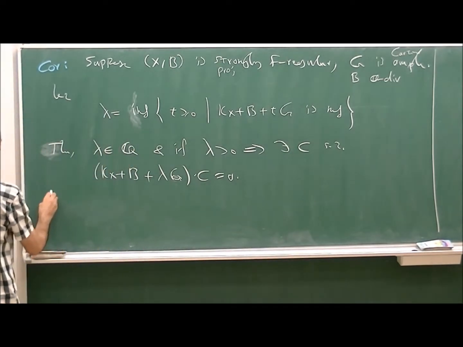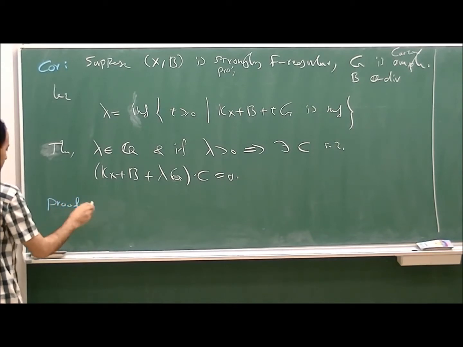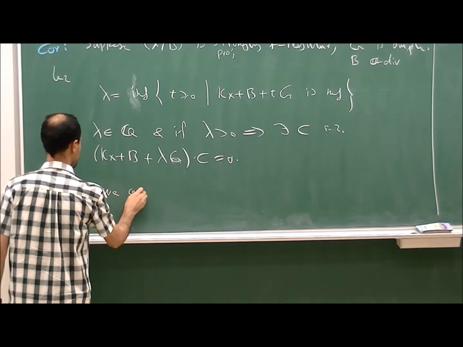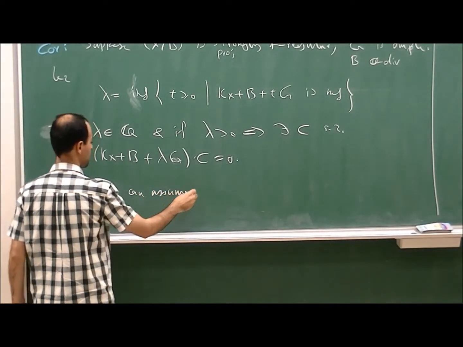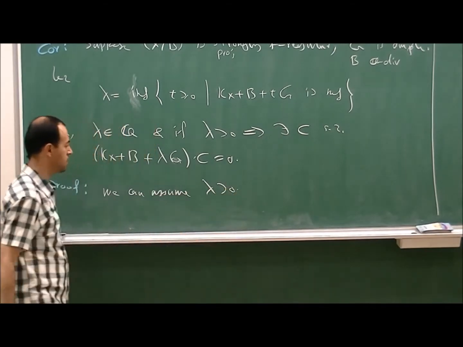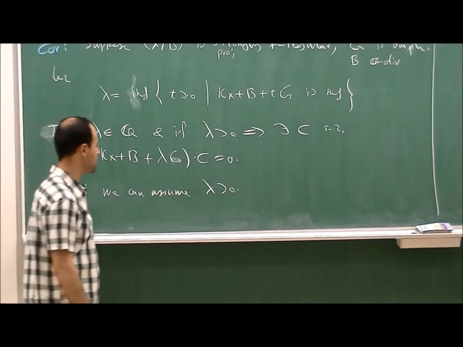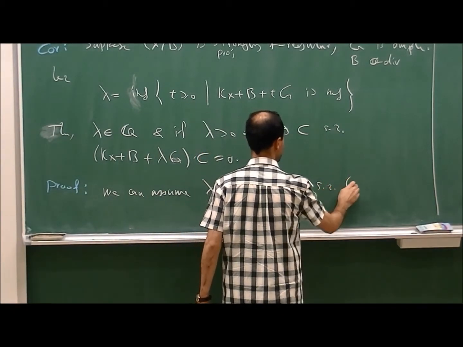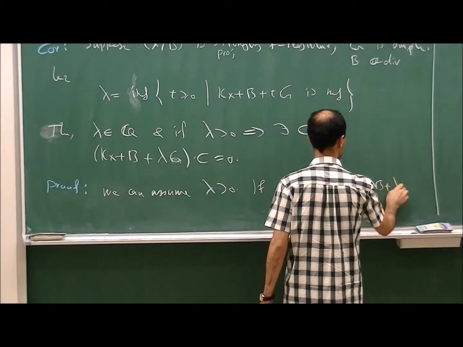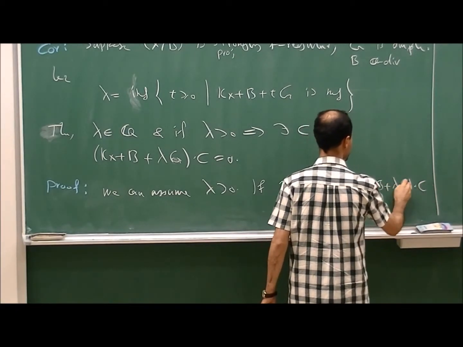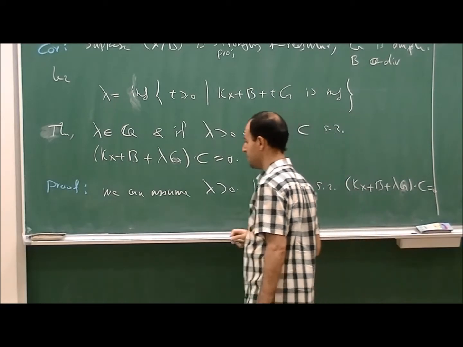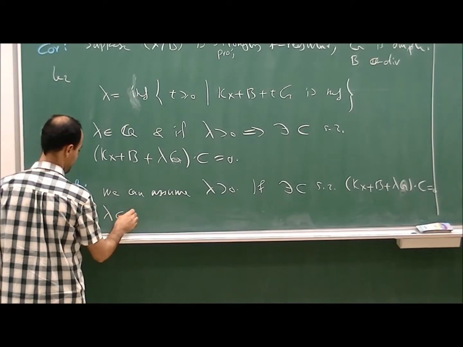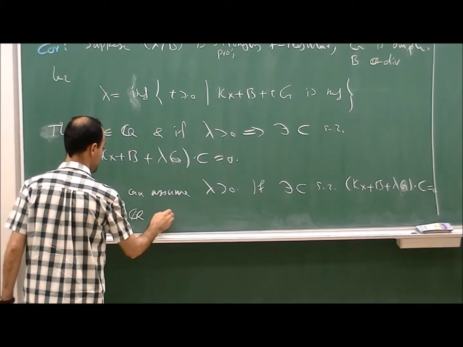So this corollary follows pretty easily from the theorem. We can assume that lambda is not equal to 0, otherwise there is essentially nothing to prove. So suppose that lambda is positive. Now, if there is some curve such that the intersection number is 0, then for trivial reasons this implies that lambda is rational, and then we are done.